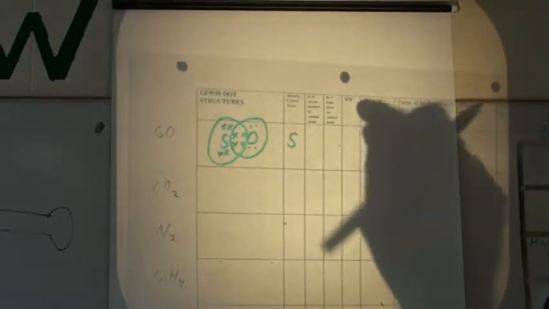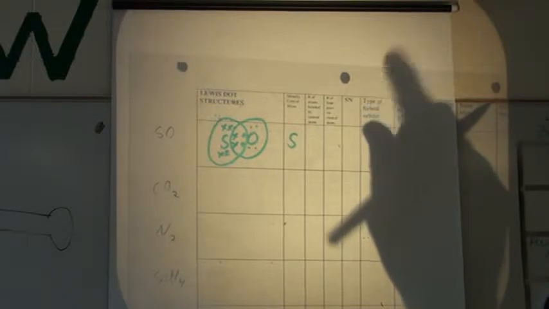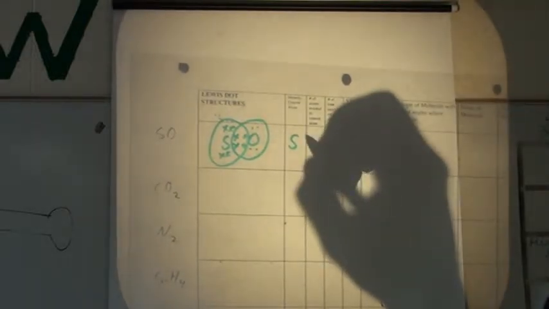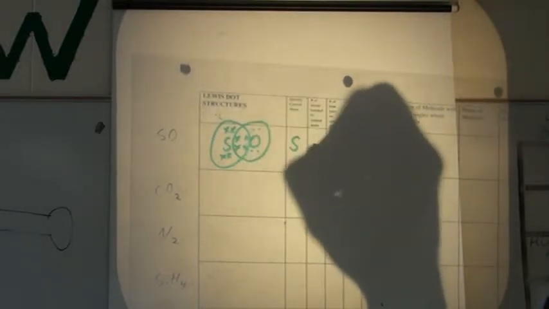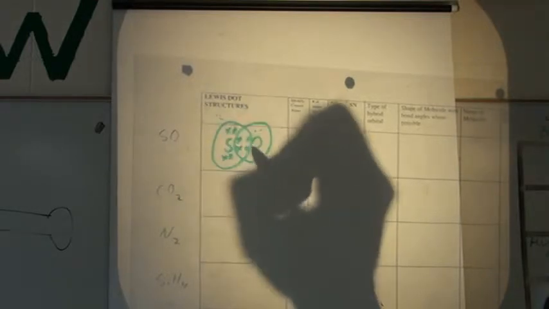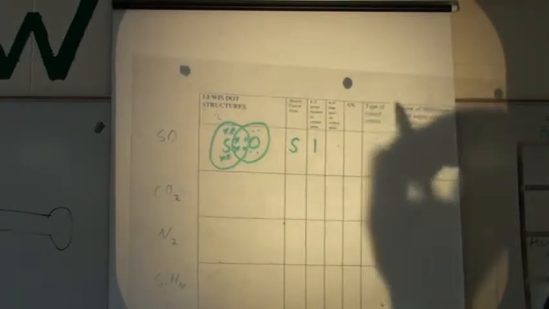How many atoms are bonded to the sulfur? 4. Oh, 1. I was counting electrons. There's only 1 atom, that oxygen, attached to that sulfur. Counting atoms, not electrons. How many lone pairs on the central atom? 2.